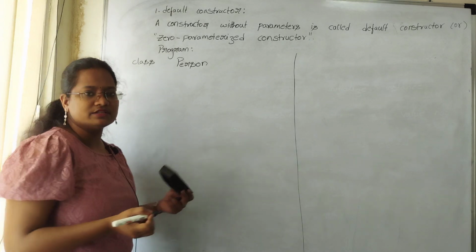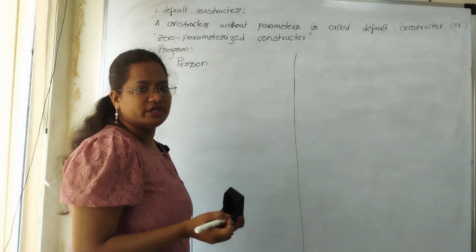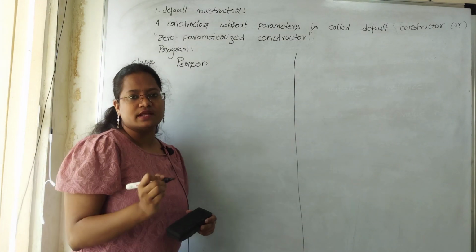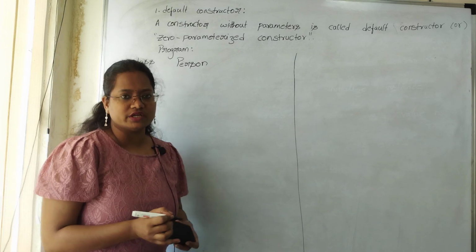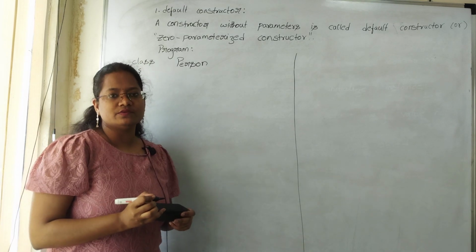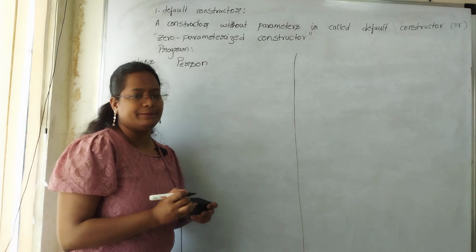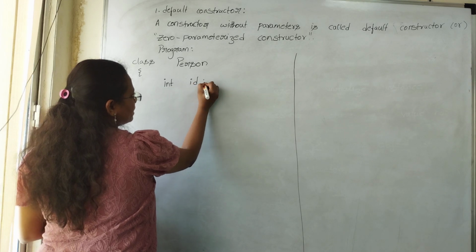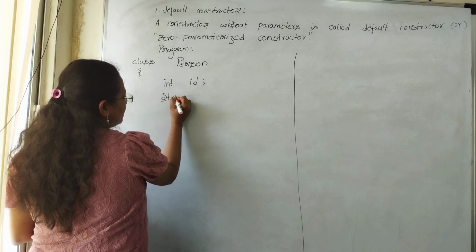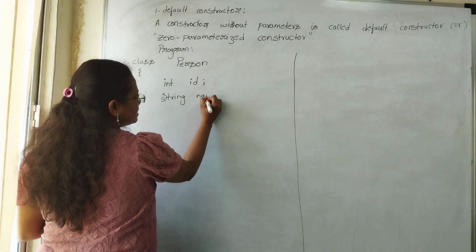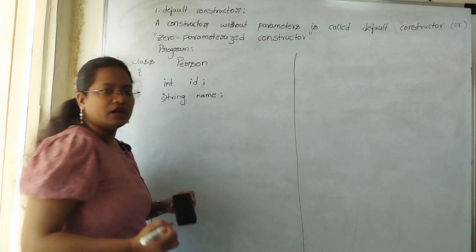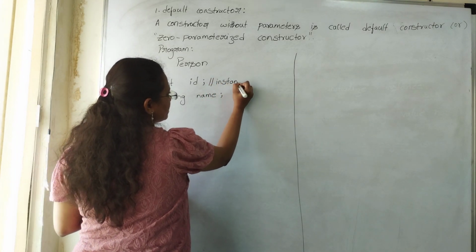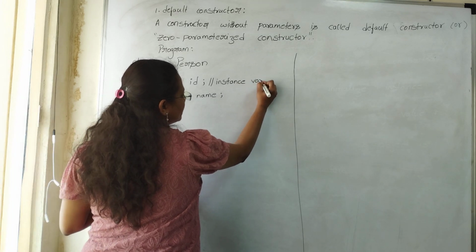Based on your requirement you give it, and you initialize instance variables by using a constructor. So I am taking two variables, ID and name. ID is of integer type, so I am taking int id, and name is string type data, so I am taking String. Now the instance variables are declared.